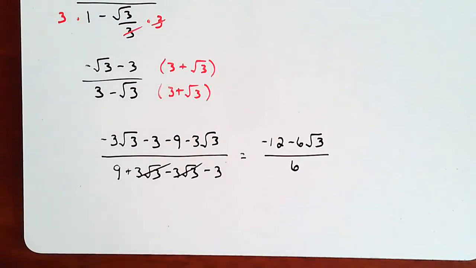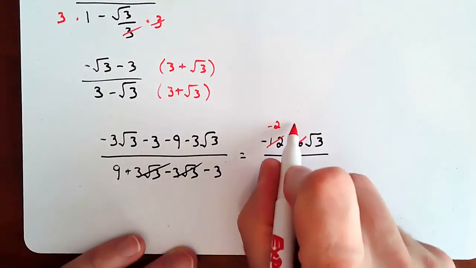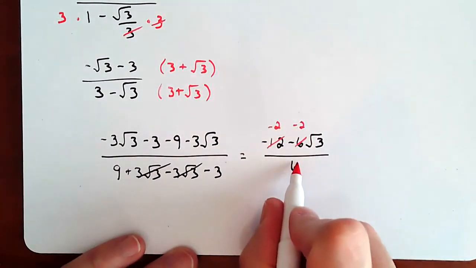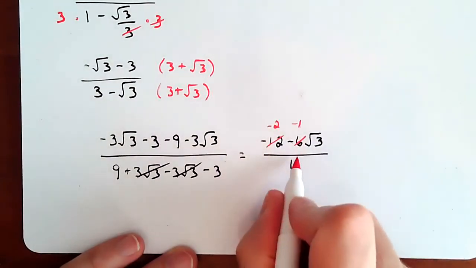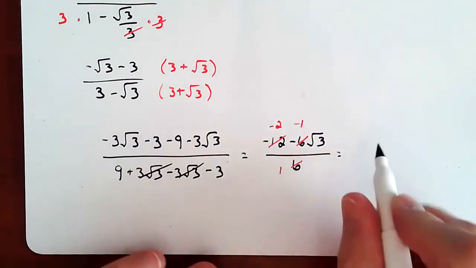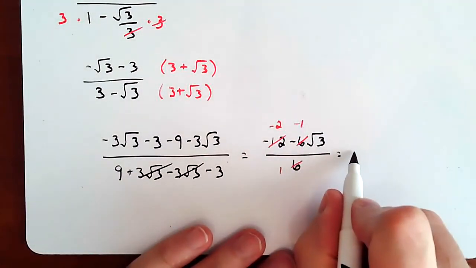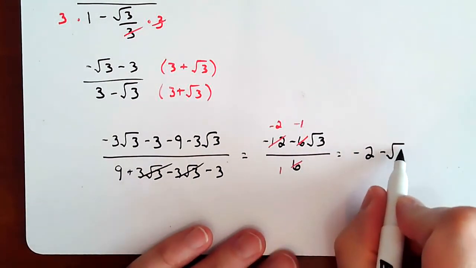And then they're all divisible by 6, all the whole numbers. So that will become a negative 2. This will become another negative 2. That'll become a negative 1. And this will become a 1.